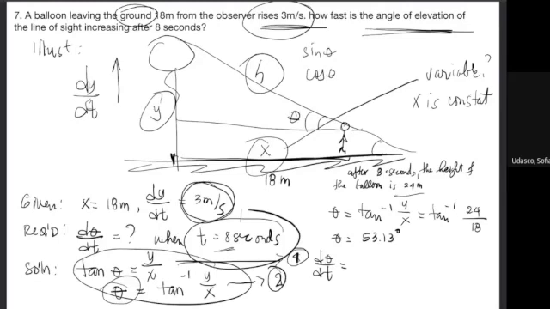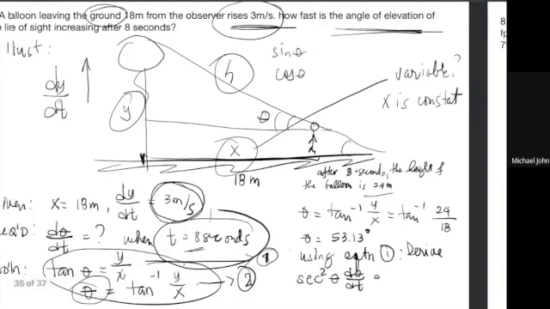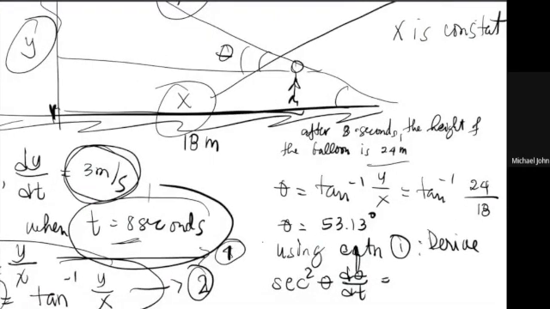What is the derivative of tangent? Let's not use the inverse, since you may have forgotten the derivative of inverse trigonometric functions. Using equation 1, what is the derivative of tangent theta? Secant squared theta, d theta dt. What is the derivative of the right side, knowing that x is constant?